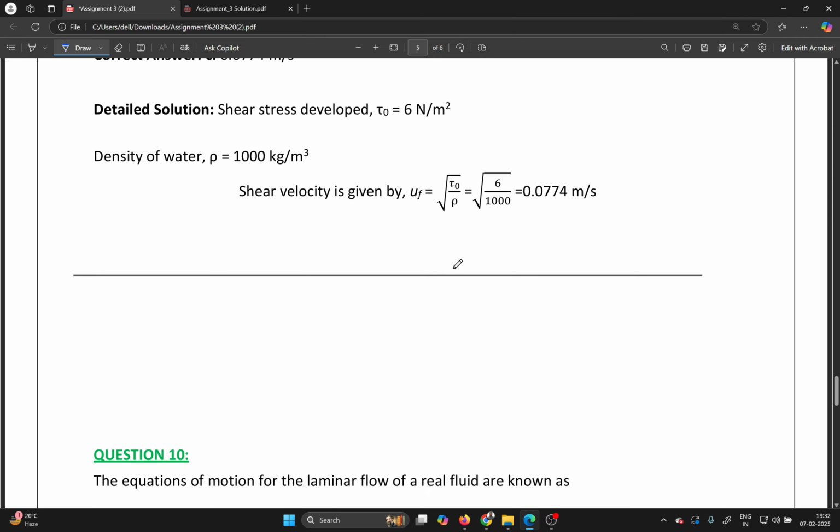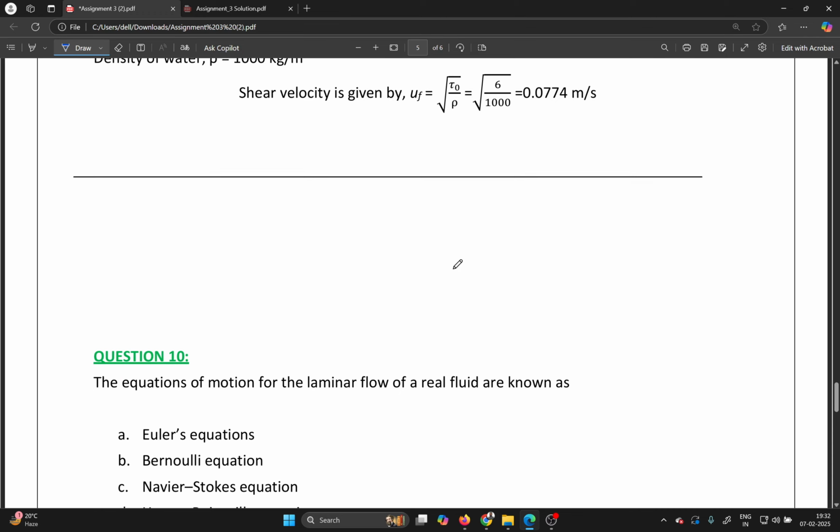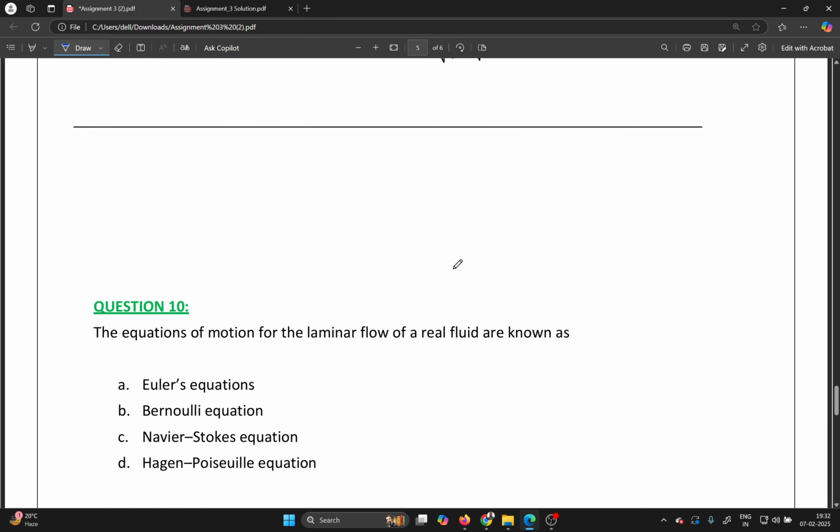Now we'll move on to question number 10. Question number 10 is on the equation of motion of laminar flow. The equation of motion for the laminar flow of a real fluid is known as: Euler equation, Bernoulli equation, Navier-Stokes equation, or Pauli equation.